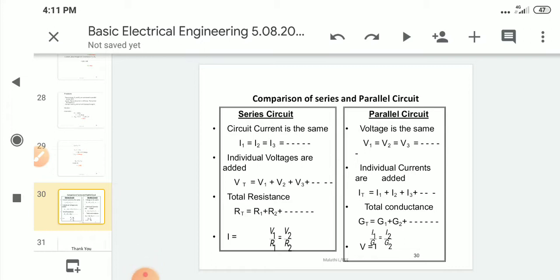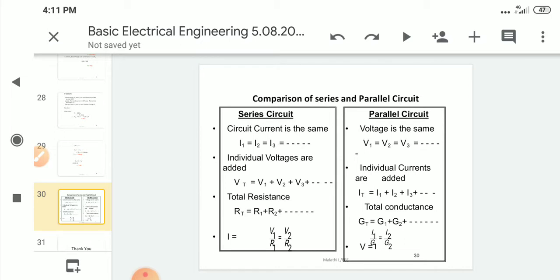Current same means I1 is equal to I2 is equal to I3, which is the total I. Voltage same means V is equal to V1 is equal to V2. In a series circuit, current is the same throughout the circuit. Only a single current flows in the path. In a parallel circuit, the voltage difference across every resistance is the same.